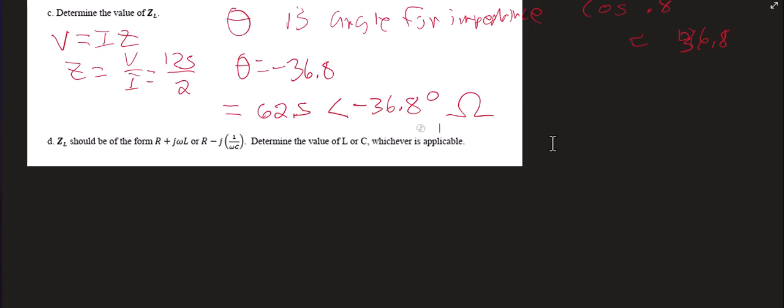The first thing we need to do is change this to rectangular. 62.5 angle negative 36.8 in rectangular is 50.04 minus j 37.4.